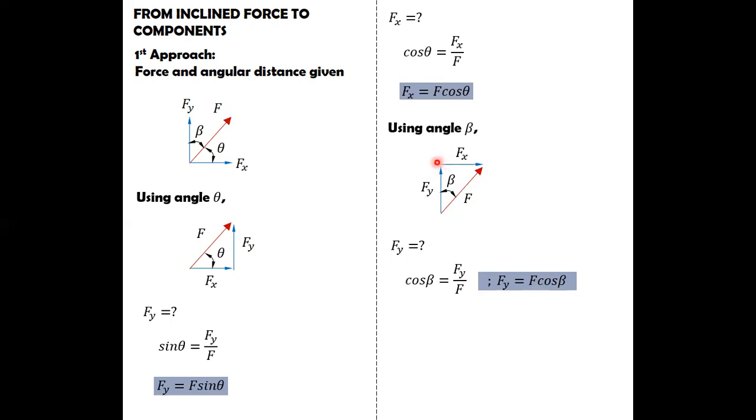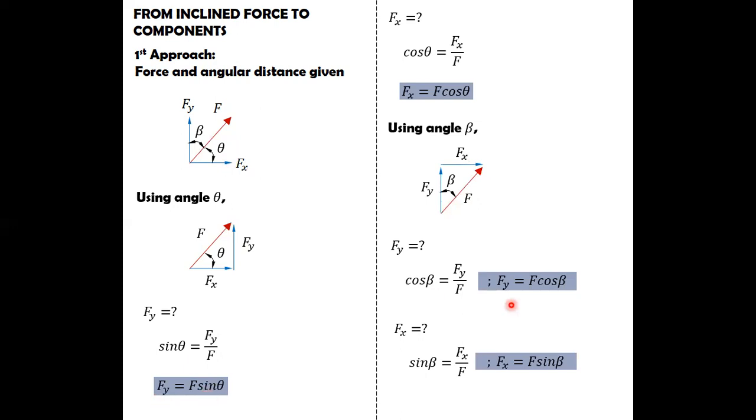And then if we want to correlate naman the opposite side of the triangle and the hypotenuse side, sine function naman. Okay, so therefore sine beta is equal to the opposite side Fx over the hypotenuse, which is F. So by applying cross multiplication, we will be having the equation in computing the x component of the force. So kung napansin nyo, nagbaliktad yung trigonometric functions, no? Nung previous angular distance natin, kanina yung y component, ang trigo function na involved ay sine.